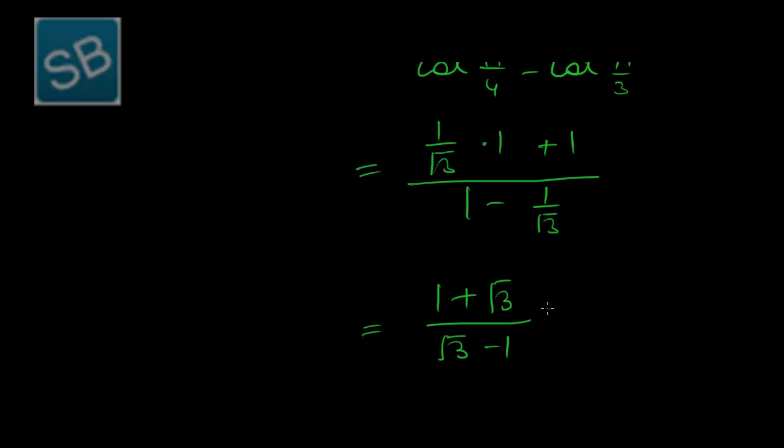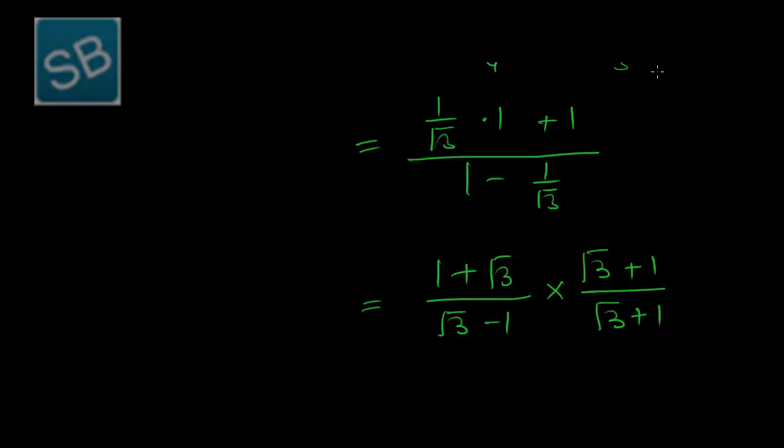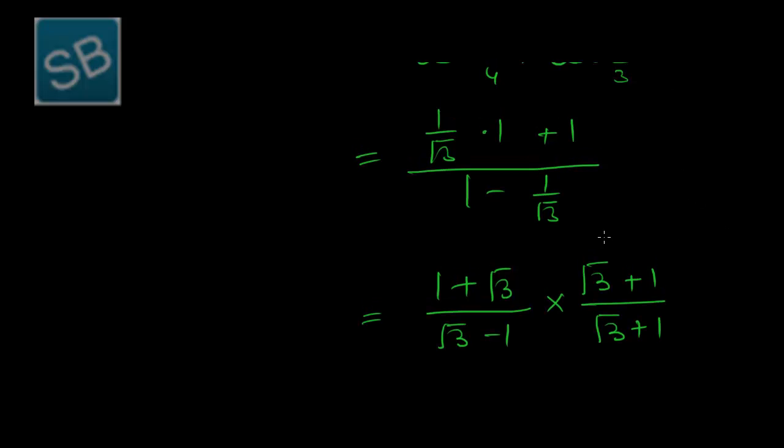So rationalizing the denominator, we multiply and divide by under root 3 plus 1. In the numerator we get (under root 3 plus 1) whole square, and in the denominator a square minus b square, that is under root 3 square minus 1 square.